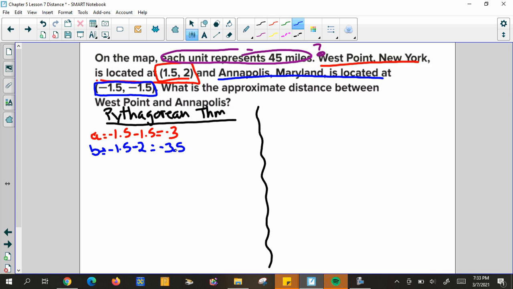Now, realistically, that is just 3 units and 3.5 units. But let's put those into our Pythagorean theorem. What's great is once we square those, it won't actually matter that they were negative.